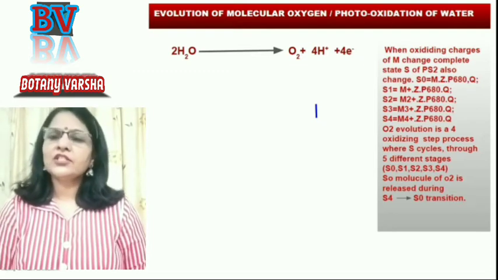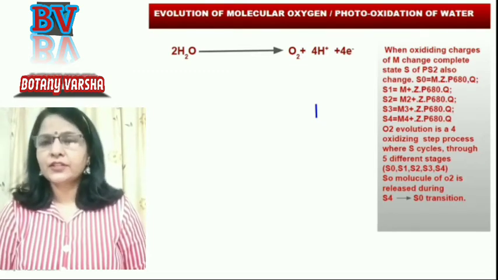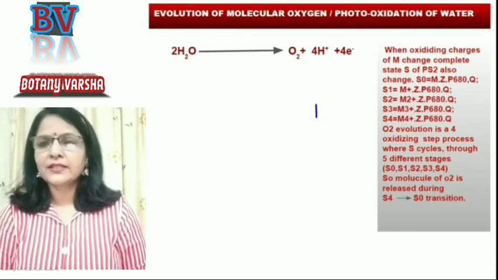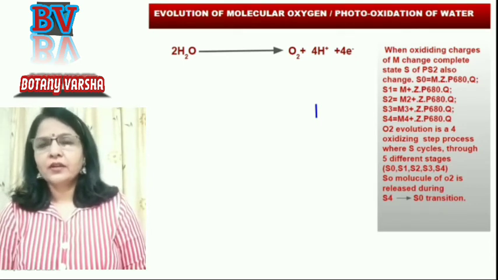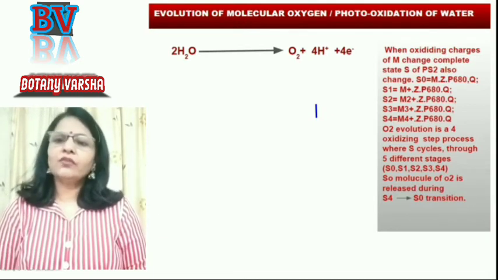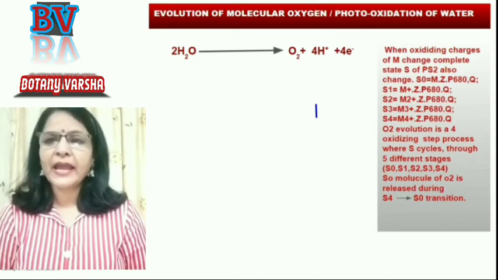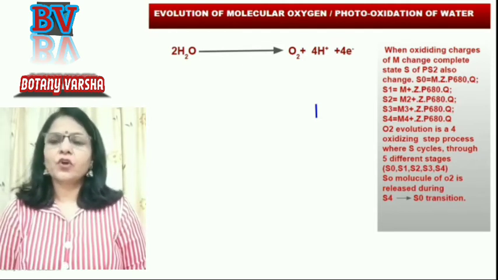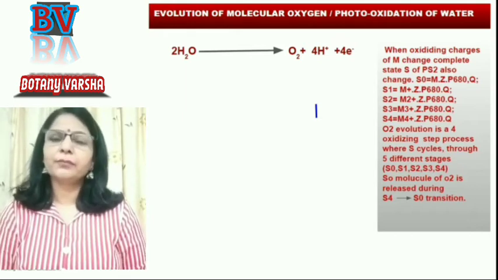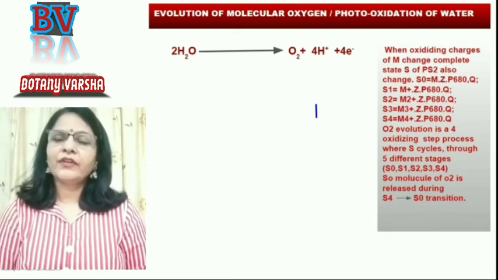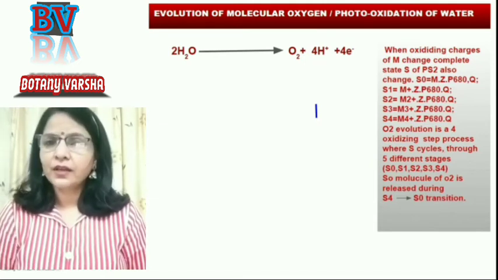M is actually manganese, which is attached to the water oxidizing complex. This manganese is found in 4 different oxidizing charges. So when the oxidizing charge of M changes, the complete state S of pigment system 2 also changes.